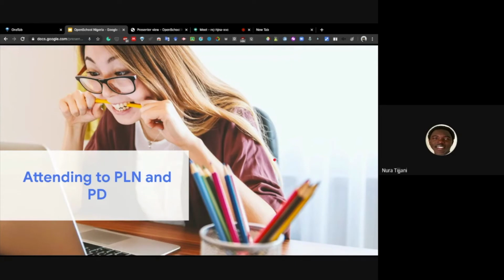So you don't need to memorize all these technologies, because there are so many. What we need to do is to know what you want to do, and then ask for a solution. There are free ways, and there are premium ones you can pay for, depending on your accessibility to the internet. So I think this is just an addition to what he said.